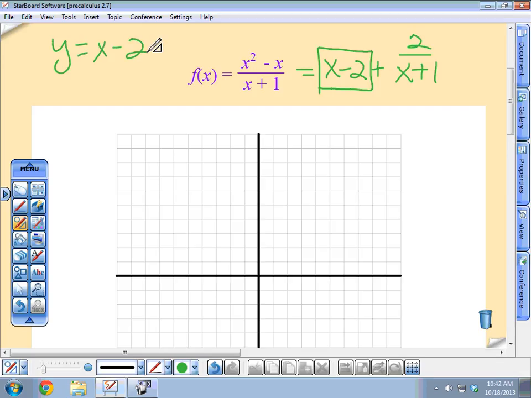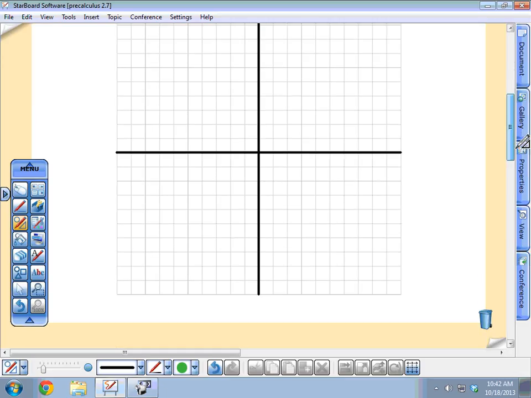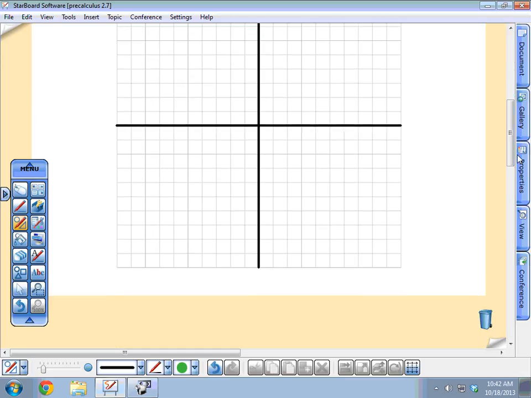Just shift it down 2, with a regular positive slope of 1. So it will look something like this. No, it won't look like that, because it's an asymptote. It will look like that, though.